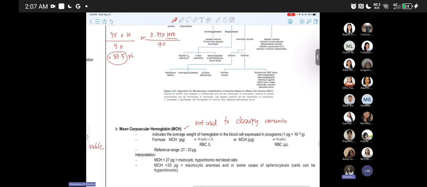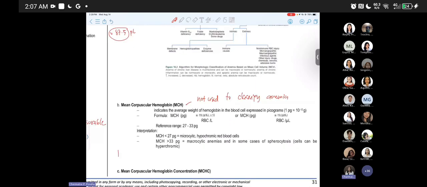So let's apply it to the same patient. The patient's hemoglobin is 14 grams per deciliter. The RBC is 4.0 times 10 raised to 12 per liter.